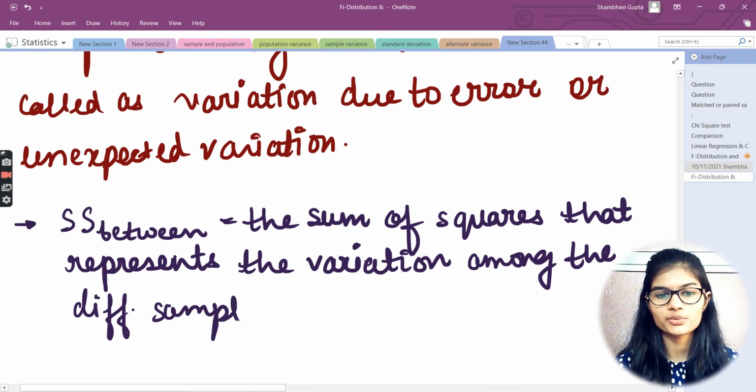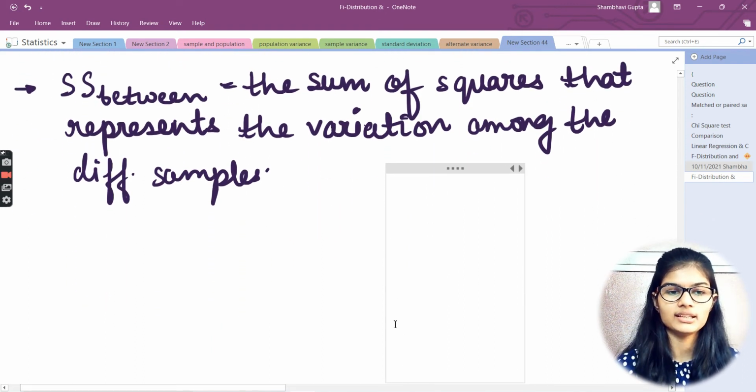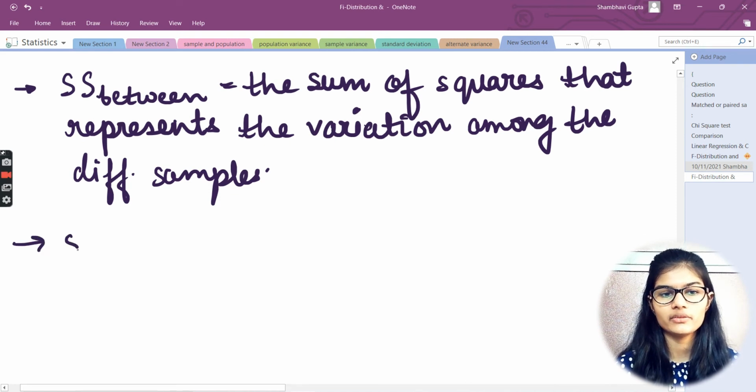So this is about this particular SS between, the sum of the squares that represents the variation among the different samples, right? Now this was between, and next we had one more, that was SS within, right?